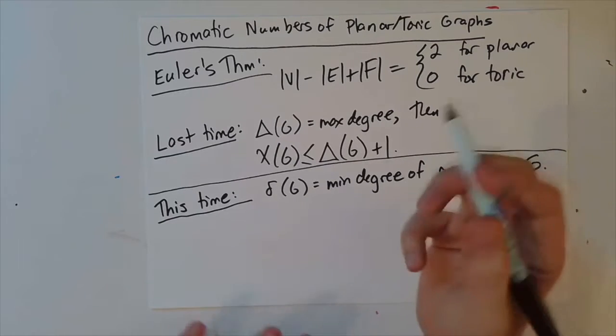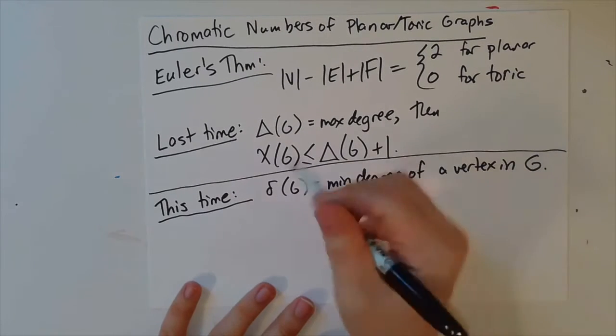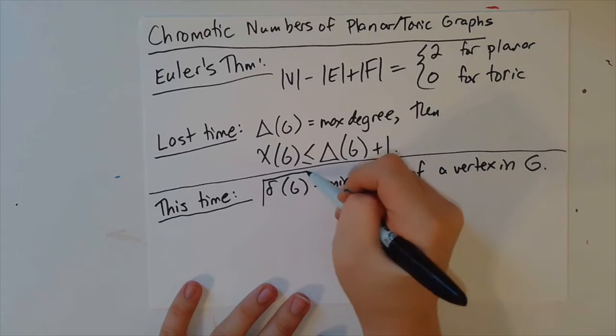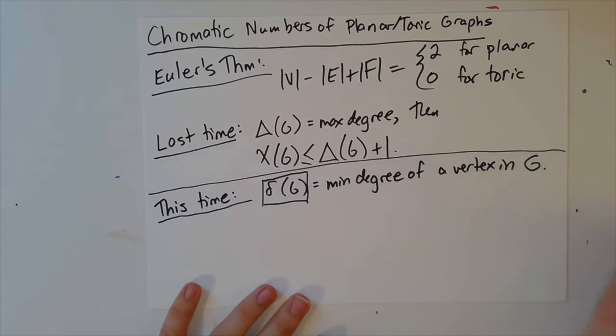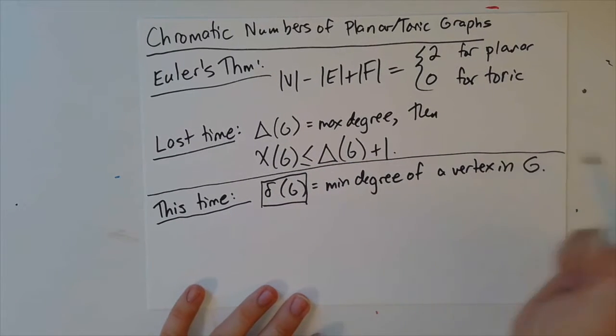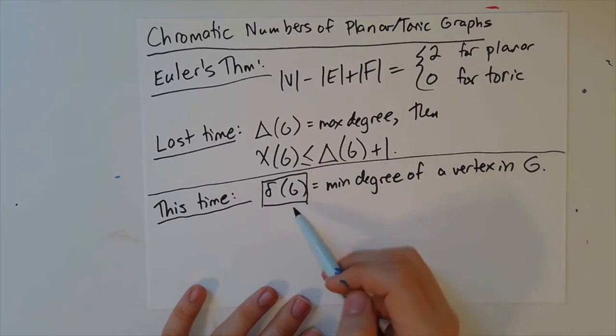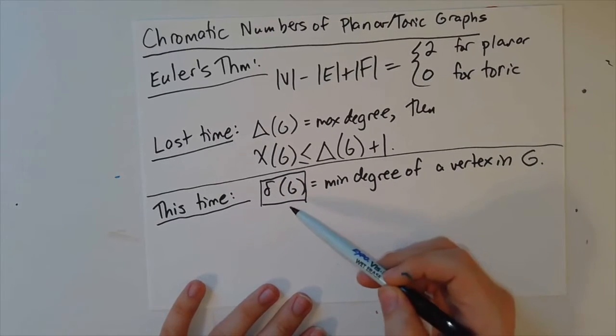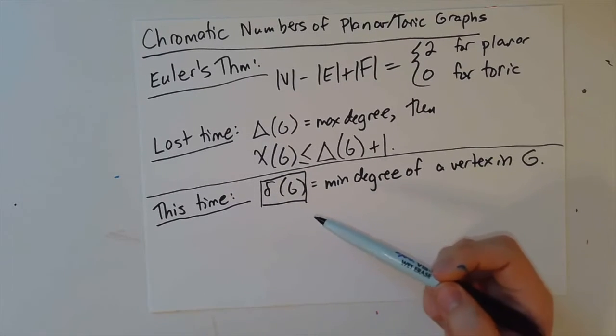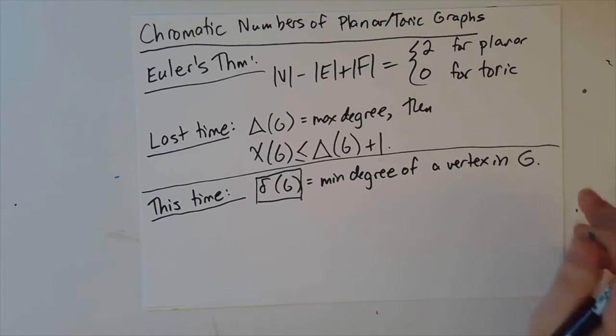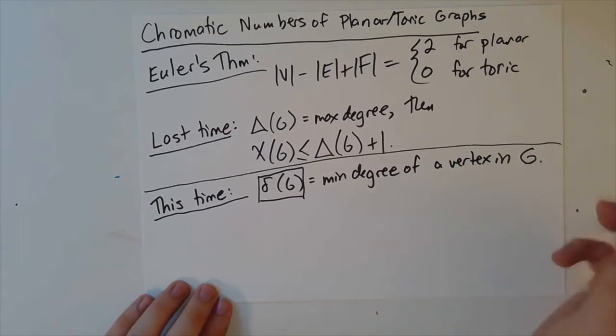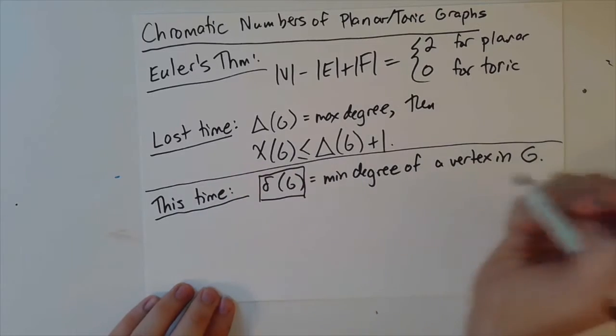And what I want to do is figure out, okay, what is this number for planar graphs and toric graphs? Okay. And so I'm going to go ahead and make a claim here.